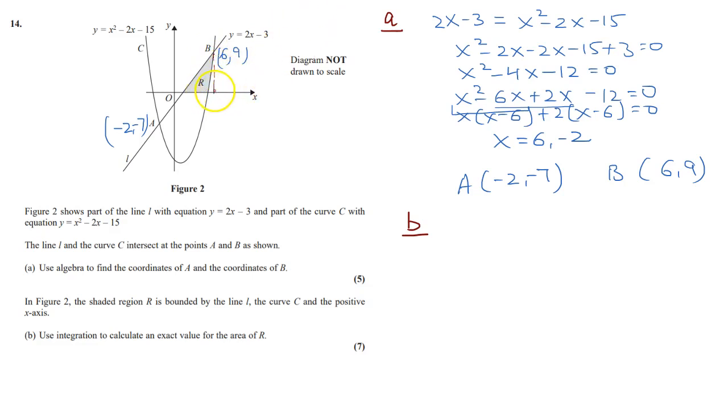If we use definite integral, we can find only this area. This is the area between the curve and the x-axis. So what we are going to do is we have to find the area of this triangle.